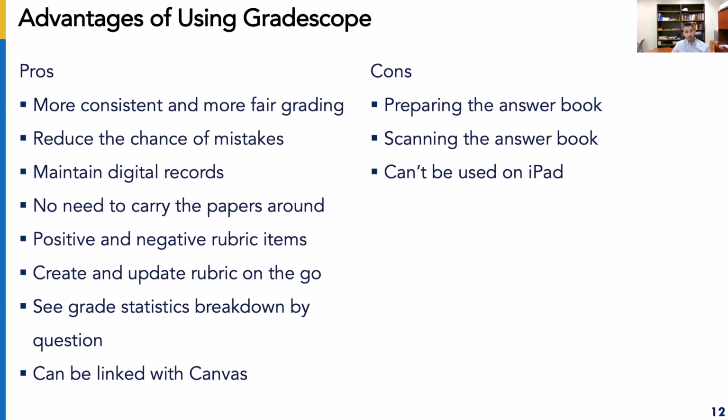It has both positive and negative rubric items, and you can combine them as well. And the rubric can be updated on the go, so that's nice. And then the grade statistics breakdown, you can see it by question, whereas if you were to grade it by hand, getting such information wouldn't be that easy, and it can be linked with Canvas easily.